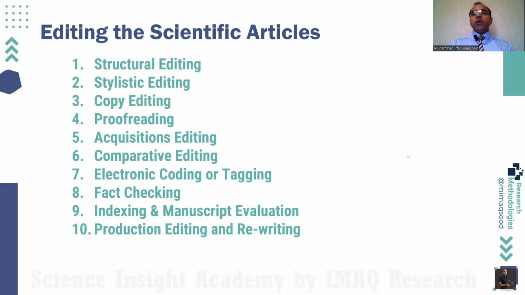Then, instead of getting disheartened, you can do a productive editing process, meaning exactly rewriting the article, writing in new formats. You should not just change the grammar or the English, because many young aspiring researchers hand over their articles to, for example, English editors and ask them to please improve the articles.